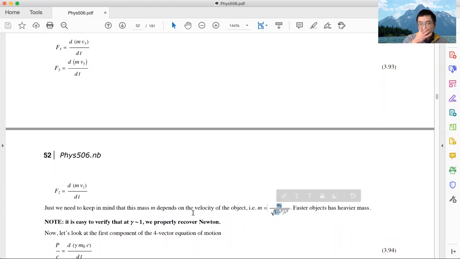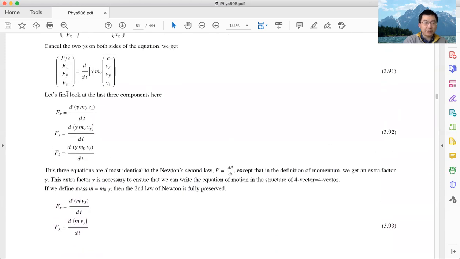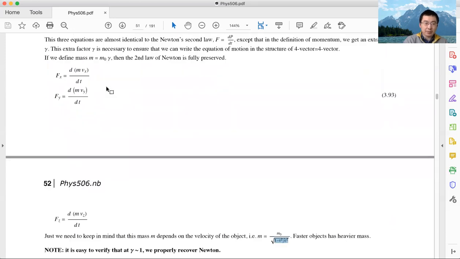That's one of the very important conclusions Einstein told us: for a relativistic particle, its mass is a function of velocity. And if you use this mass to define momentum, Newton's second law still survives. So the last three components recover Newton's law with one small modification, which is the mass of my particle.